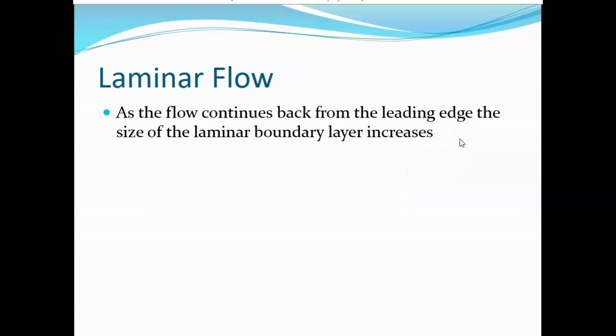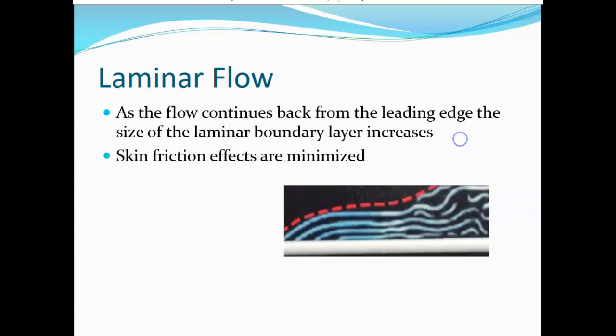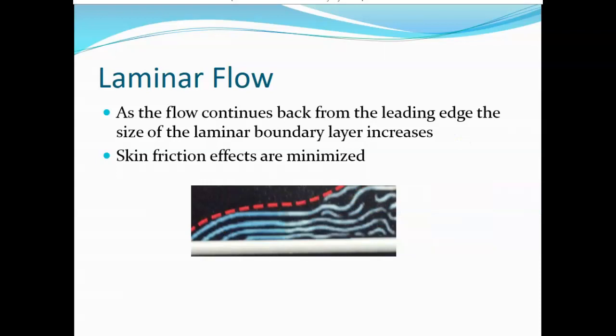As you get further and further back from the leading edge of the wing, the size of the laminar flow boundary layer actually increases. The effects of skin friction are also minimized in the laminar flow boundary layer, and you can see in this illustration how the size of the laminar flow boundary layer actually increases as you get further from the leading edge.